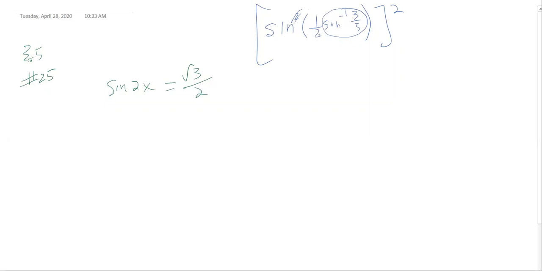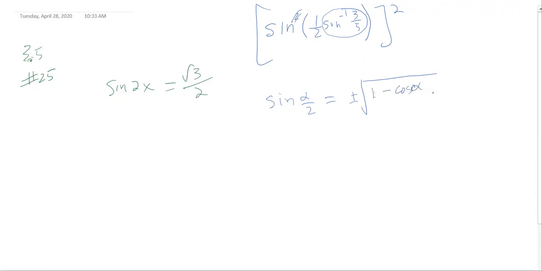But the half is in there, so the best thing I could do is treat this with an identity. So what is that identity? Sine of alpha over 2 equals plus or minus the square root of (1 minus cosine alpha) over 2.